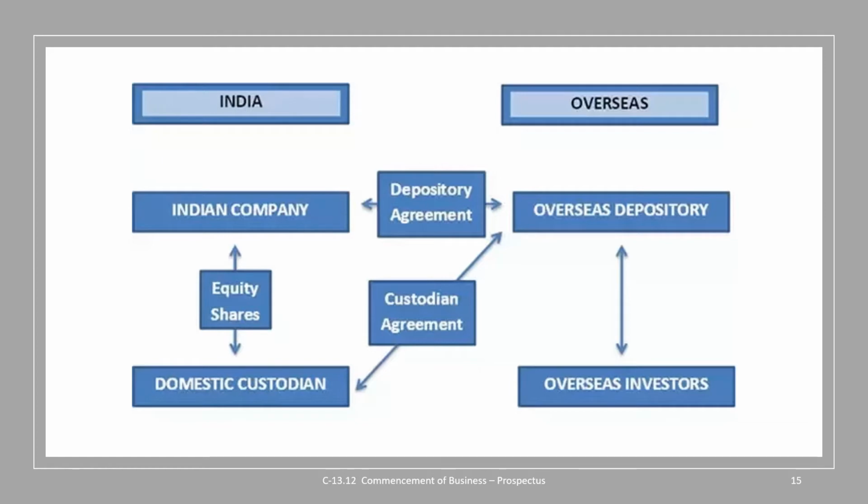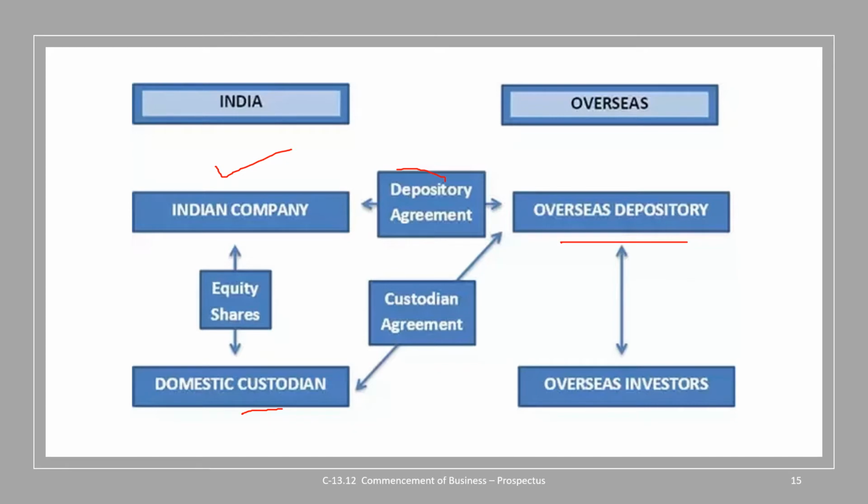Now we have the overseas depository. Overseas depository has got a depository agreement with the Indian company, and overseas depository also have an agreement, custodian agreement, with a domestic custodian.